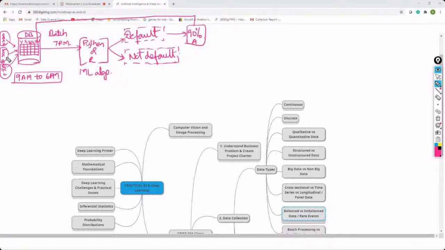And then for customer B, the information says there is 10% probability that customer B might default on the loan. So this information also goes and gets recorded in the database. For customer C also, it passes through your machine learning algorithm and you'll get another prediction. Maybe this time it says there is 50% probability that customer C might default on the loan.